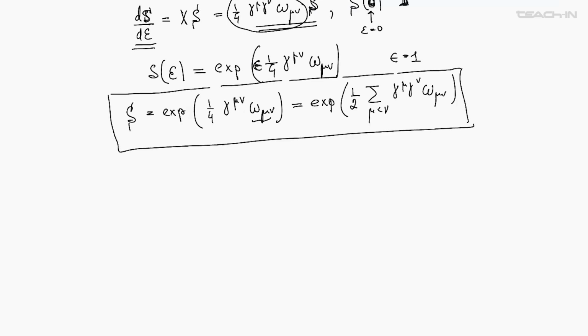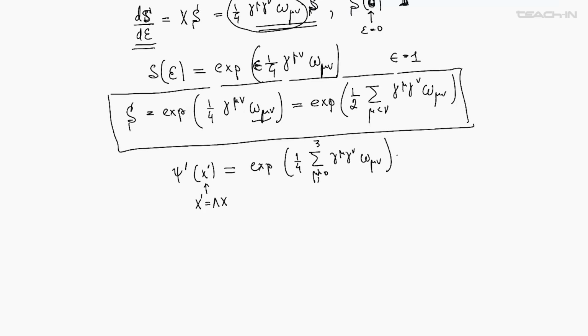So psi prime of x prime, where x prime is obtained from x by means of the Lorentz transformation with the element lambda, is given by the exponential of 1/4, let me write explicitly, the sum with mu and nu running from 0 up to 3 of gamma mu gamma nu omega mu nu, acting on the function psi of x.